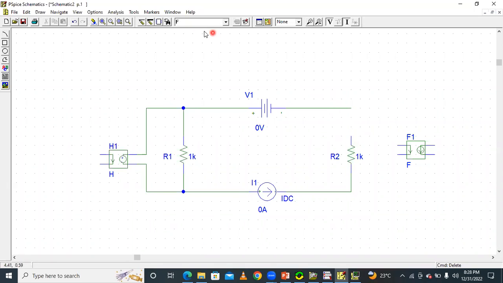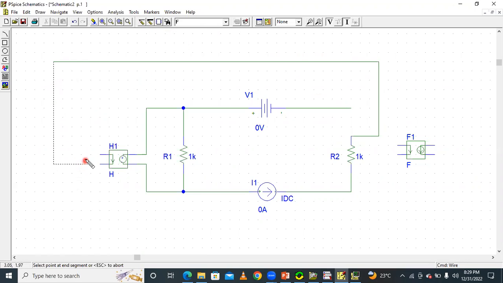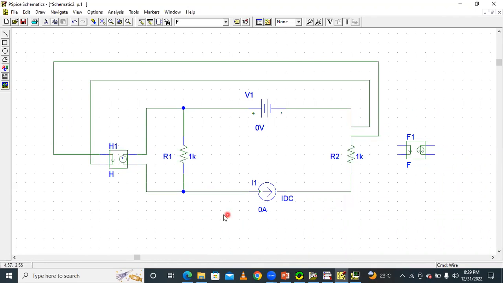Then the negative terminal is connected in this way.